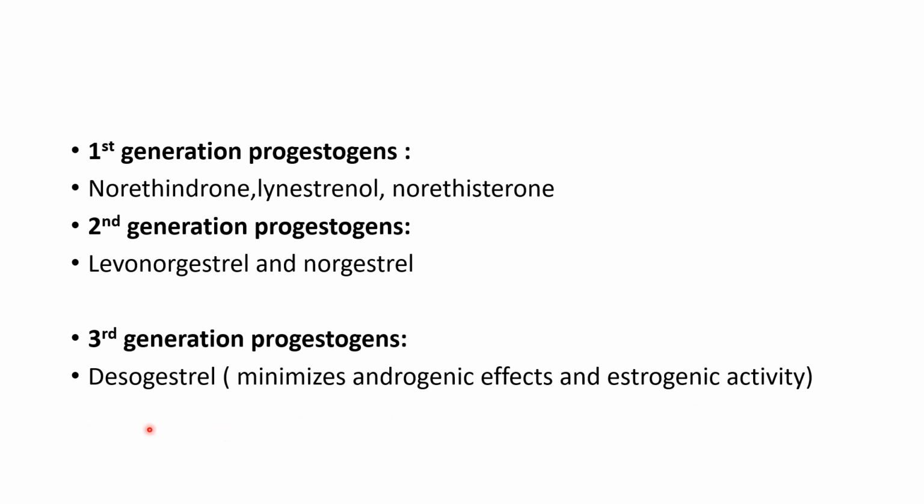So it has fewer of those side effects that are because of progestogens. The females experience side effects that include bloating, headaches, weight gain and hirsutism. But the newer generations of progestogens have the highest risk of venous thromboembolism. This is a side effect.